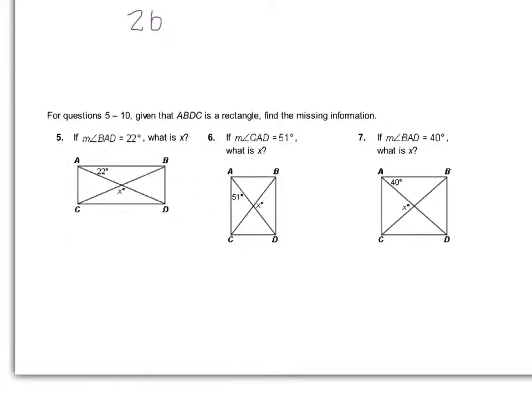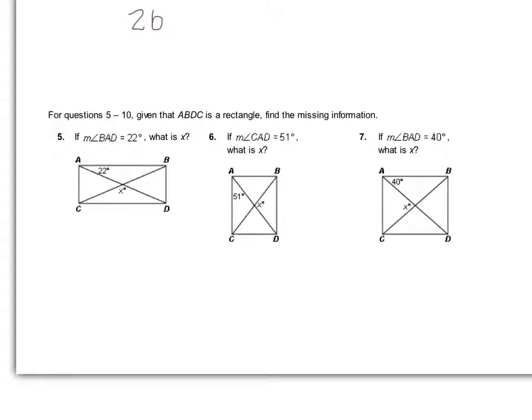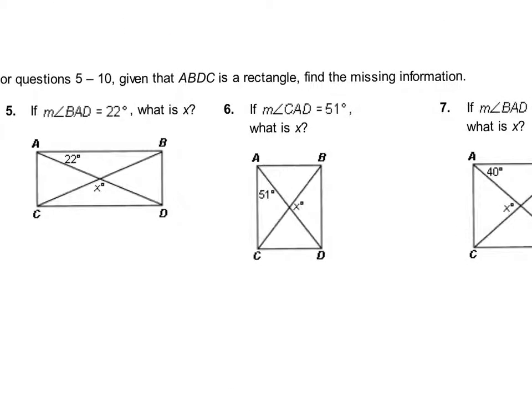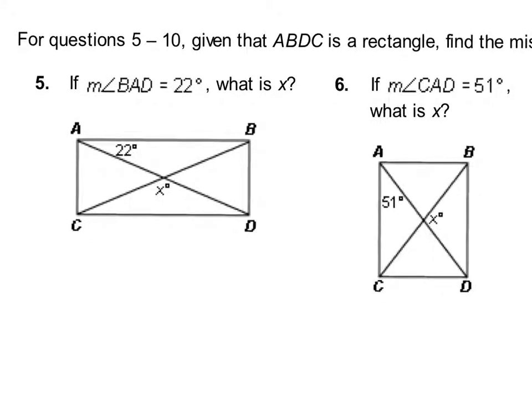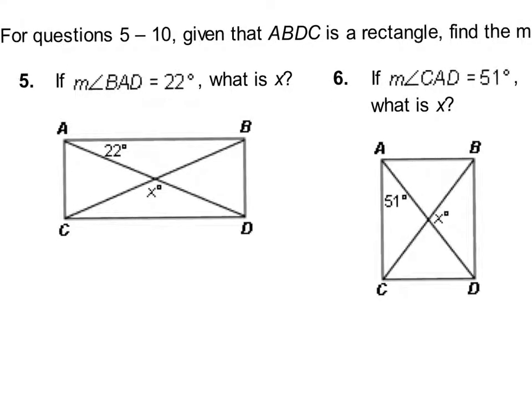Number 5 says if the measure of angle BAD equals 22, what is x? Well, we did a problem just like this a second ago, and whatever this side is, remember this one's going to be the same. And whatever this angle is, this one's going to be the same. So if that's 22 on the left, this one's 22 on the right.